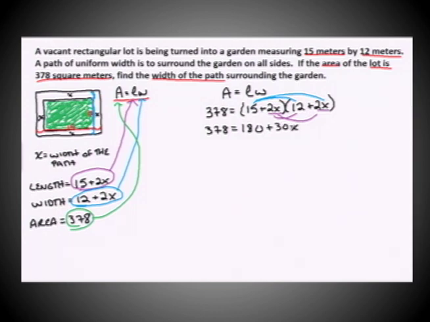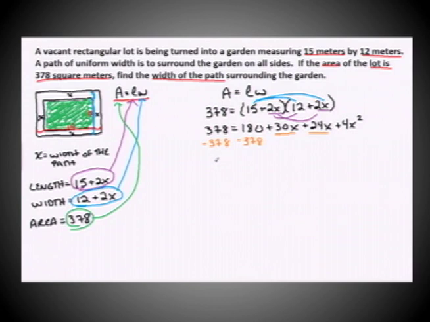Coming back and distributing the 2x, 2x times 12 is positive 24x, and 2x times 2x is positive 4x squared. So in this next step, we'll go ahead and combine our like terms of 30x and 24x, and I'll also go ahead and subtract 378 from both sides of the equation.